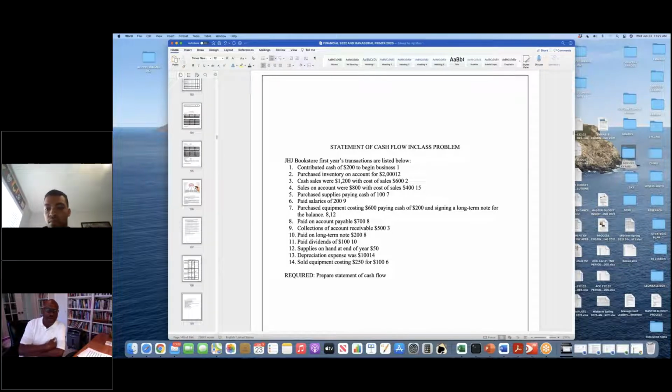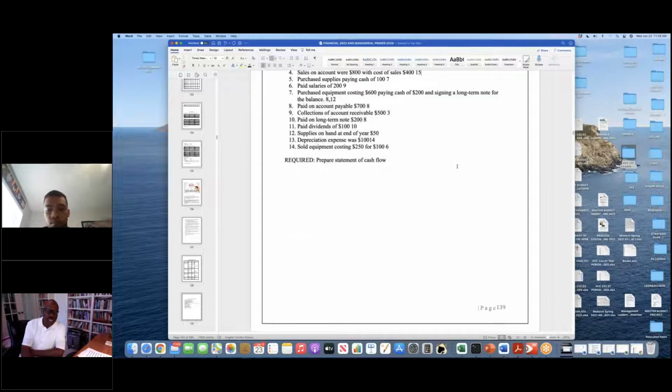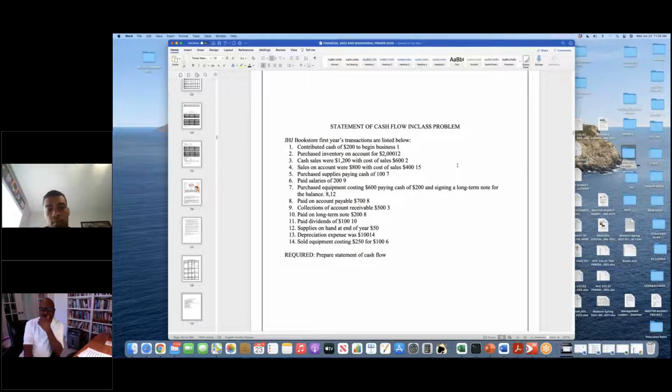We have 14 transactions, and we want to prepare a statement of cash flow with these 14 transactions. So the first thing that we do is we look at the transaction type. Contributed cash of $200 to begin the business. That is a type 1.